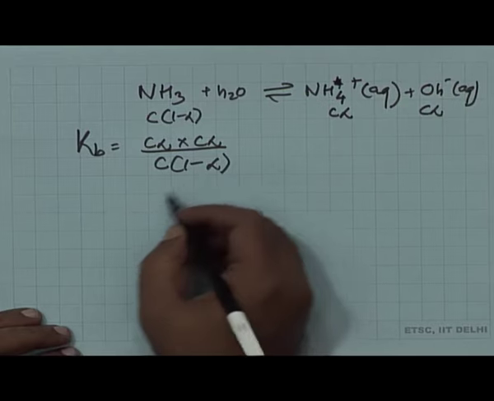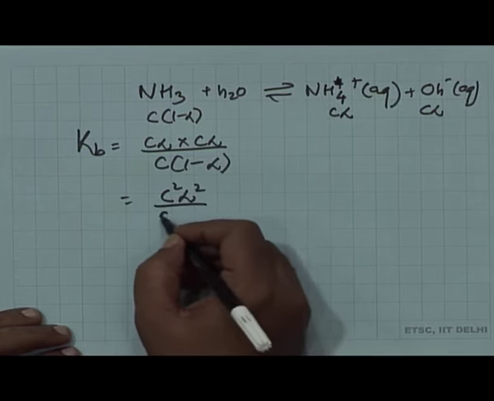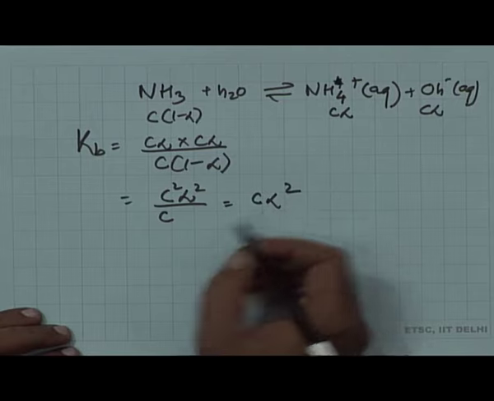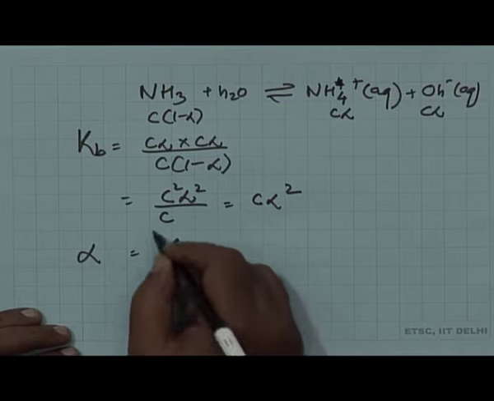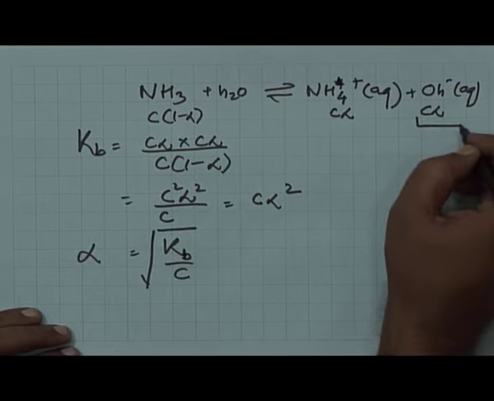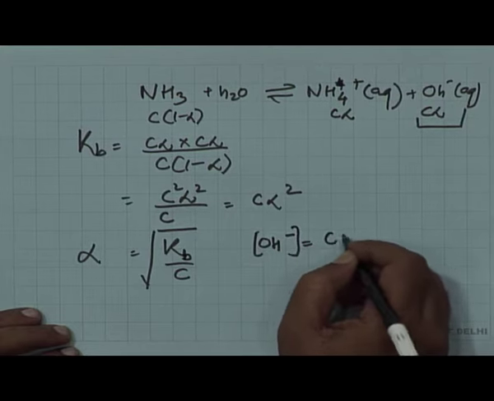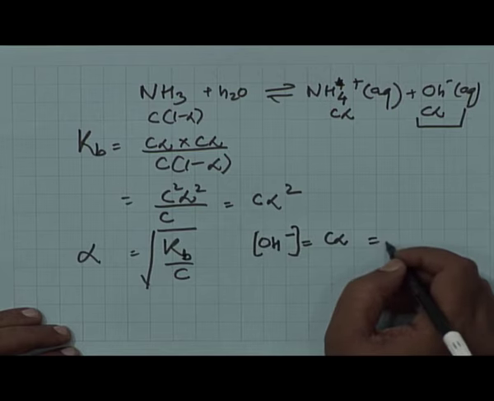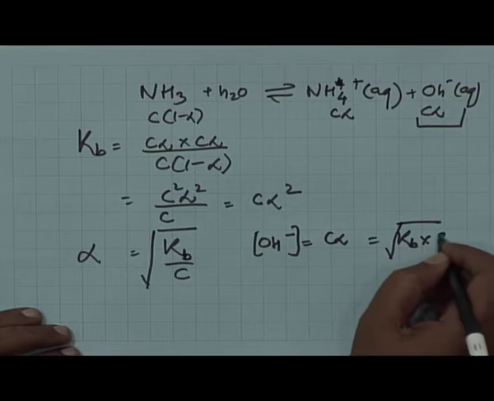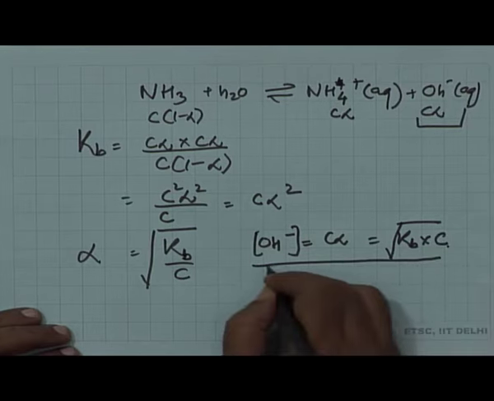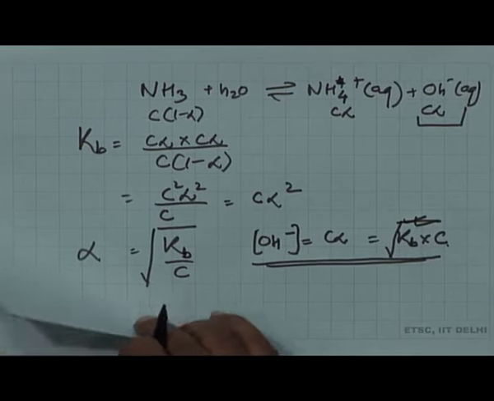And again, since it is a weak base, we can simply write C square alpha square by C, or C alpha square. So, alpha is equal to the square root of Kb by C. And now, you see OH minus is equal to C alpha, and so you have the square root of Kb into C. So, you can calculate the OH minus concentration if you know the value of Kb.